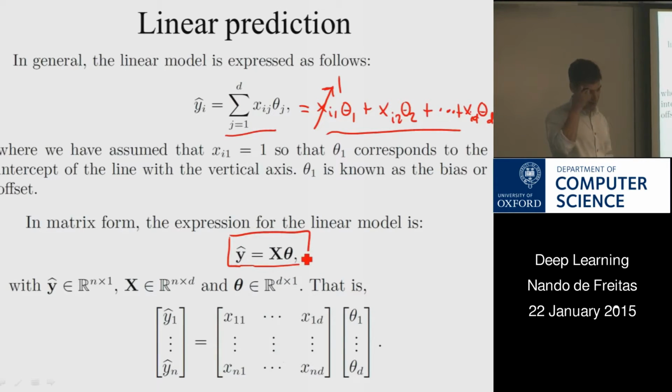As you can see, i goes from 1 to n, and x goes from 1 to d, and then you have d parameters. So we can group this in a single expression. The linear prediction is you just multiply a matrix of the input data times your vector of parameters, and that gives you the output.